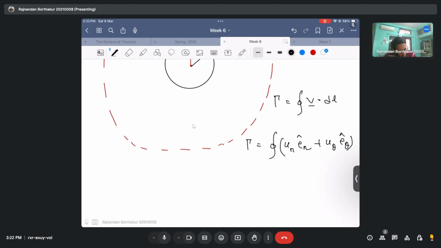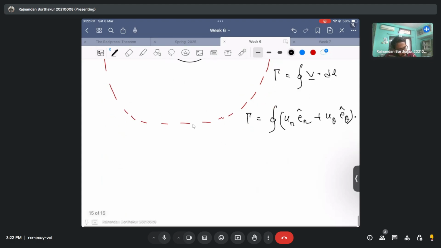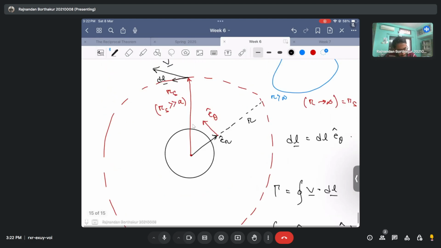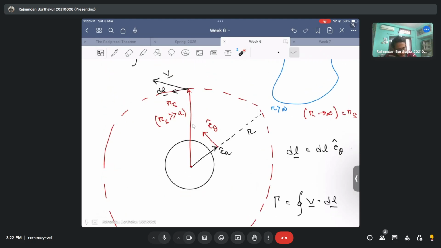Then I do this dot product with dl e theta.